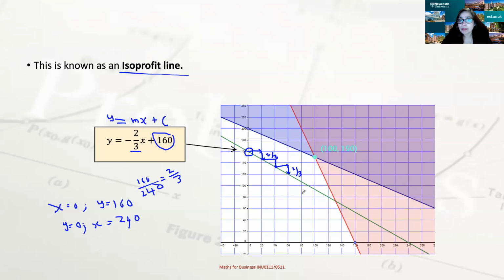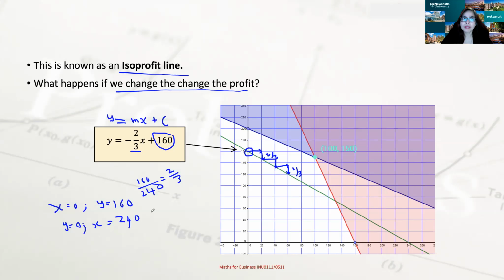So if we change the profit, we only make this isoprofit line go up or down, parallel to this line. At one point it will cross this maximum value.